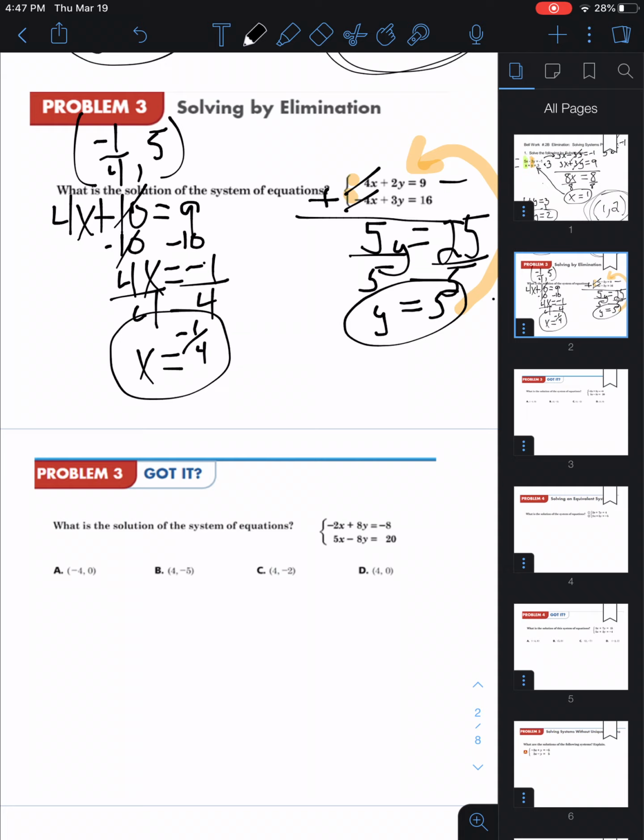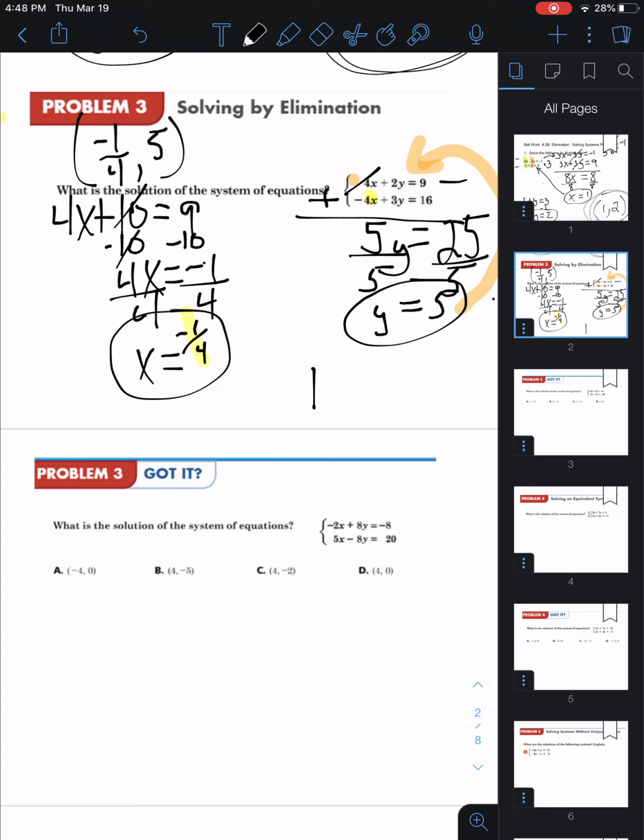Now, I would check it. Since I put it into the top equation, I would plug it back into the bottom equation to check it out. Let me erase that little cancellation there. If I put negative 1/4 into there, negative times a negative makes it positive, and 4 times 1/4 would be 1.